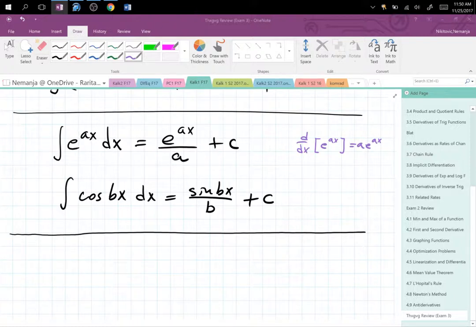And the last part that we have are the L'Hopital rule limits. We spent more than 2 hours last time talking about those.